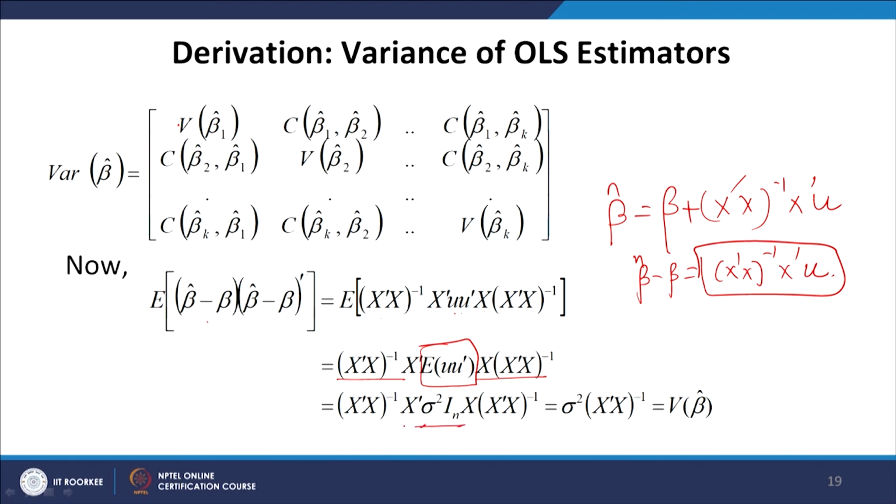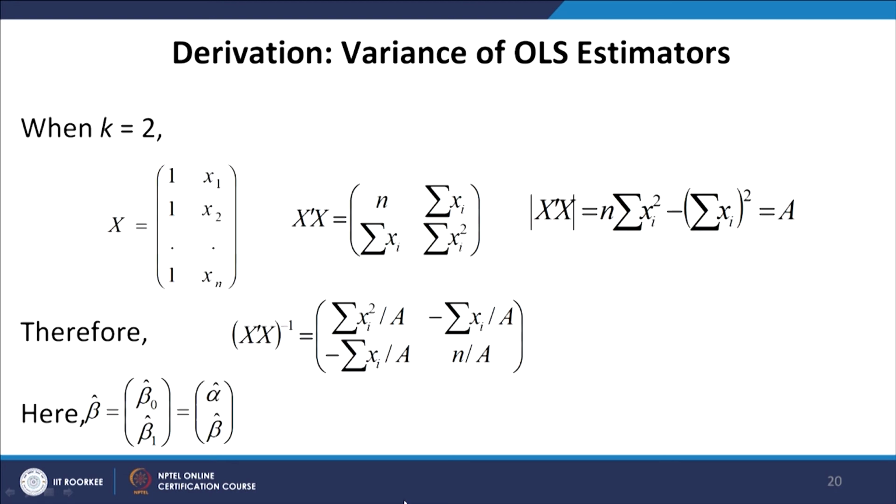So sigma square, being constant, comes out, and what I am left with is x prime x inverse x prime I n x x prime x inverse. So x prime I x is actually x prime x because I is an identity matrix. So these two things cancel out and I am left with sigma square x prime x inverse, which is the variance of beta hat.